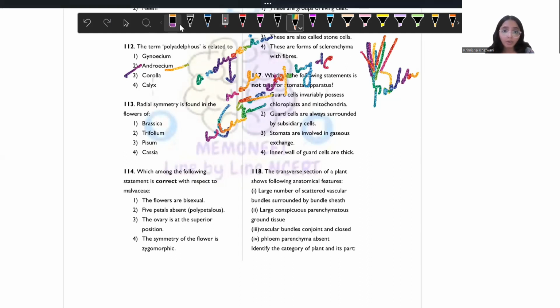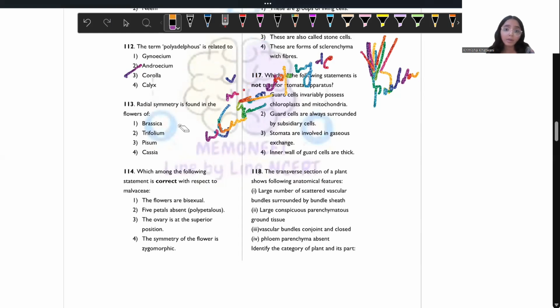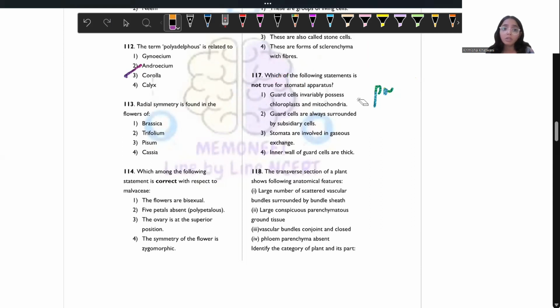Polyadelphous means united or fused stamens, and stamen is the male part, which together is known as androecium. So polyadelphous is related to androecium. So the answer to question 112 is option number 2. Understood? This is question 112. Let us see the next question.